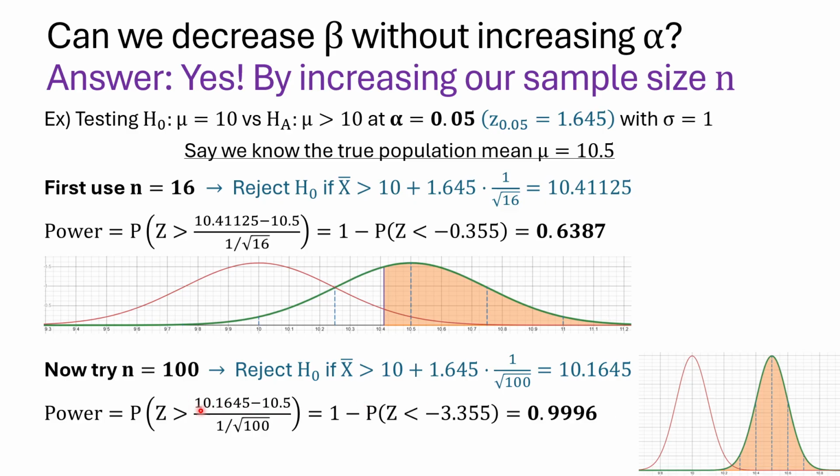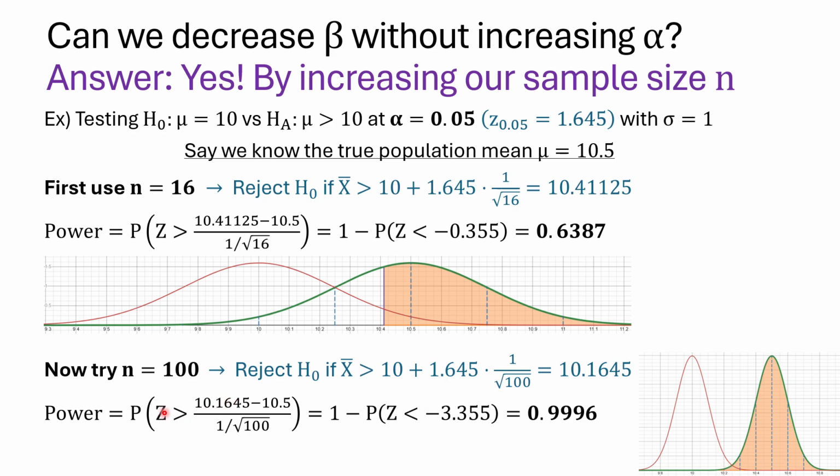First, we find out now this cutoff, 10.1645, has a z-score relative to the true mean of 10.5 and samples of size 100. The z-score of that low of a sample mean would be minus 3.355. That's calculated here. We do the value minus the true mean, 10.5, all over the standard error. That's how many standard errors above the mean we are, but since it's negative, we're below the mean.